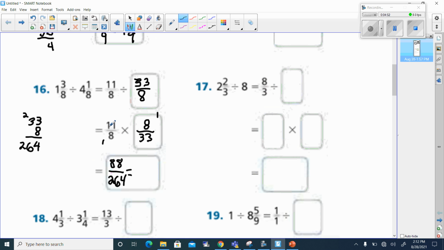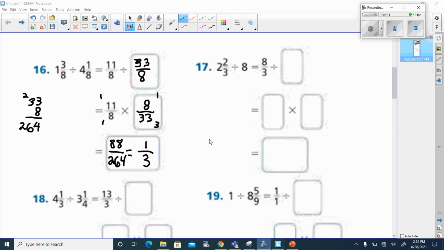So I could say 11 divided by 11 was 1, and 33 divided by 11 would be 3. And now I can just multiply 1 times 1, that gives me 1, and 1 times 3, which gives me 3. So I know that 88 over 264 is really 1/3.